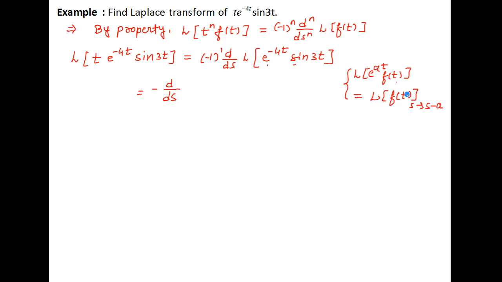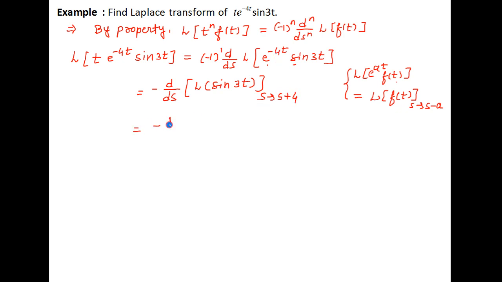This is the first shifting property we have seen. So using this property, Laplace of this f of t means Laplace of sine 3t, and after finding this Laplace we have to replace this s by s minus of minus 4, that is s plus 4.